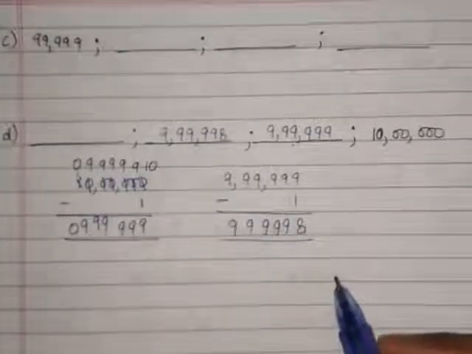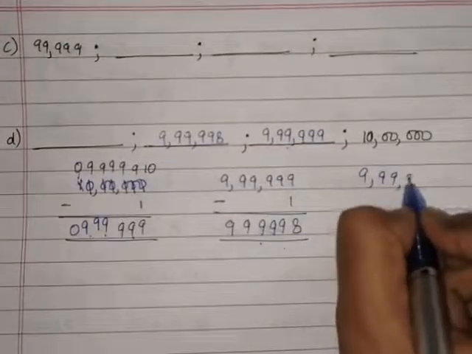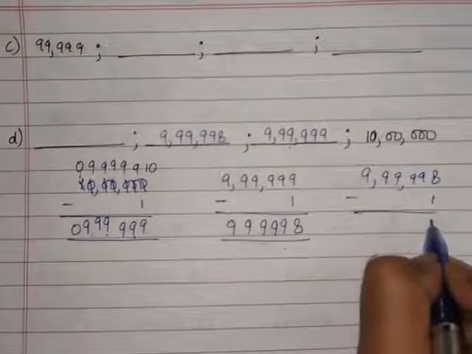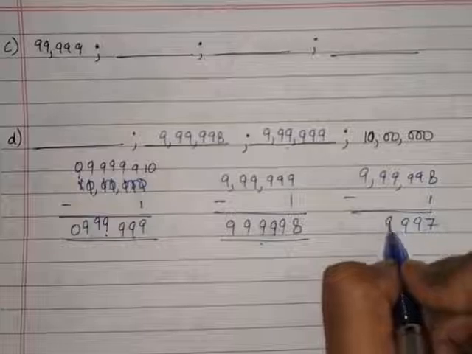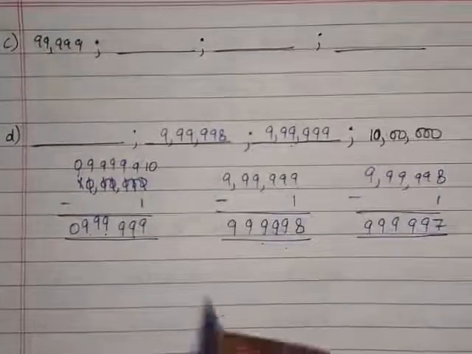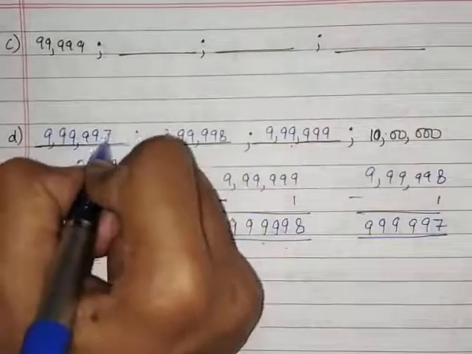Okay. Now what is the predecessor of 9,99,998? We will see it. Minus 1. 8 minus 1, 7. 9 minus 0, 9, and so on for the remaining digits. So the predecessor is 9,99,997.